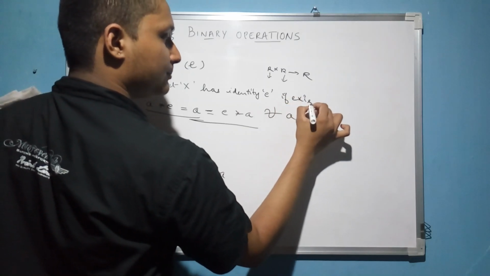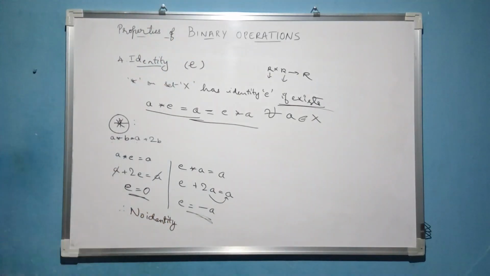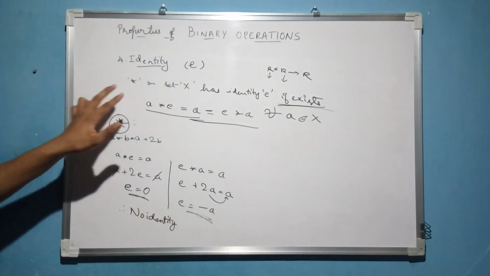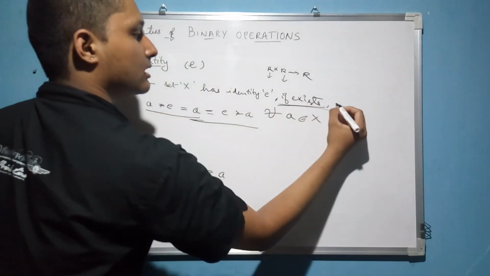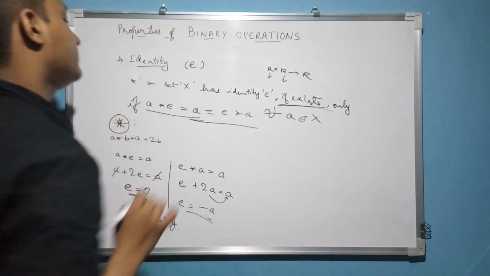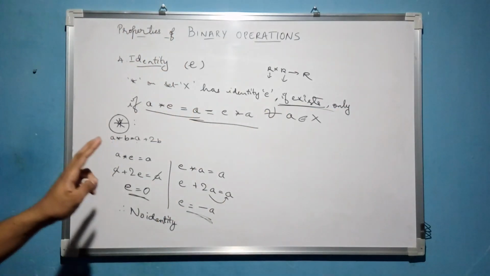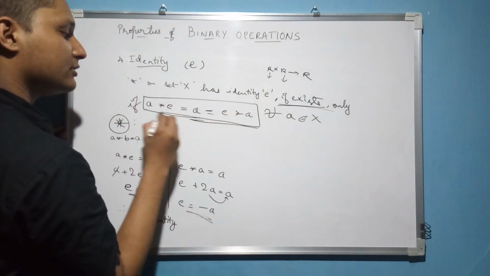That is the most important part of this, because in this case you found out that it does not exist. So the star on set X has an identity E only if A star E is equal to A is equal to E star A. This is the important thing that you need to remember.